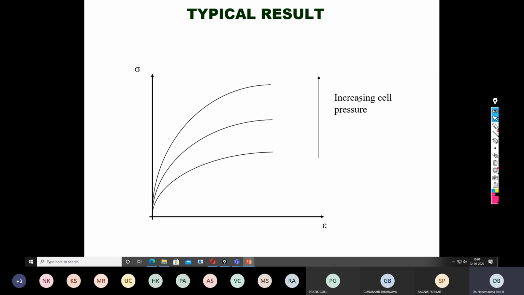Let us try to understand which one will give you the least strength of the soil and which one will give you the highest. So can anybody throw some light?